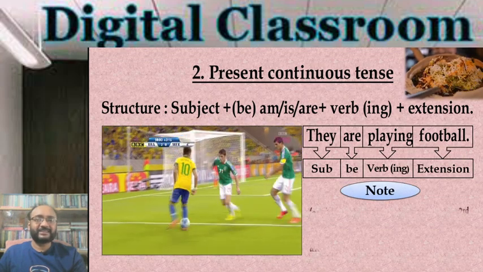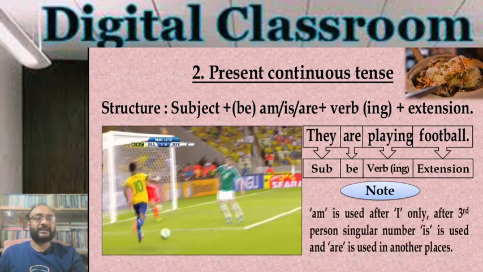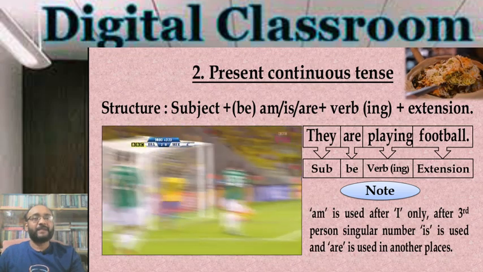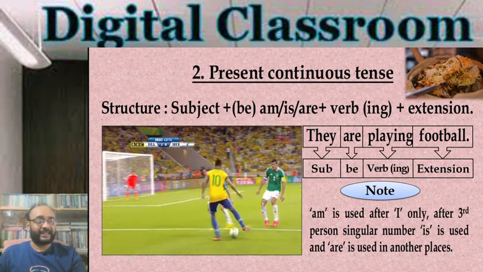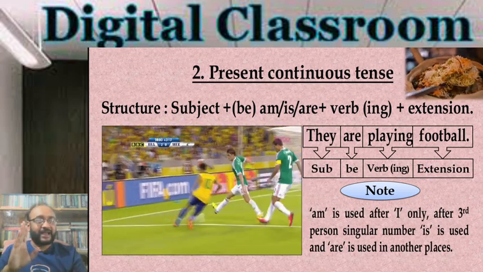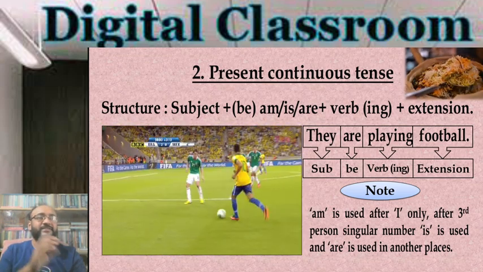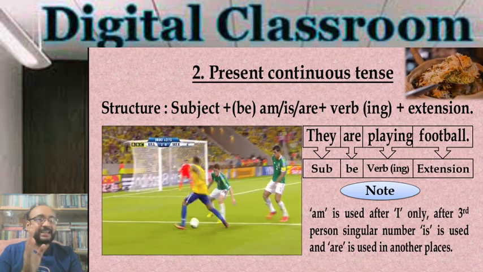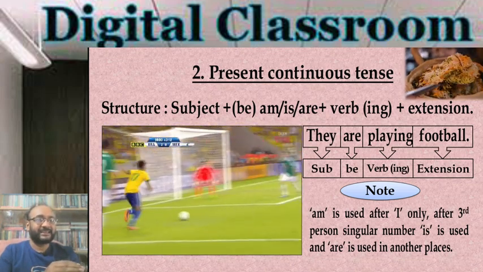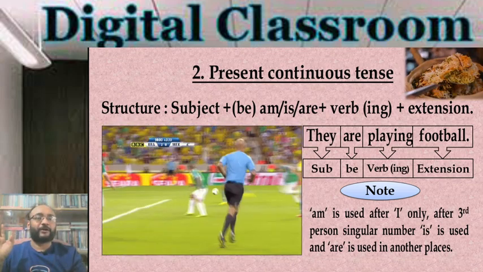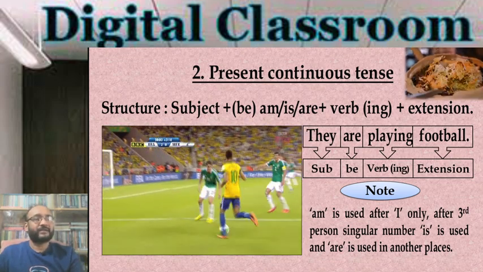So that is what? Present continuous tense. So am is used after I, you have to remember. I am. And after third person singular number, you have to use is: he is, my mother is. And for other plural forms, you have to use what? Are.